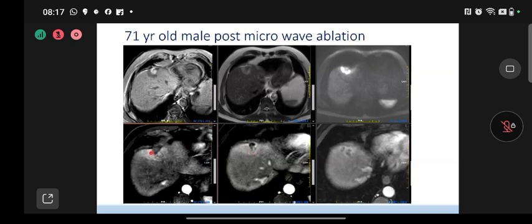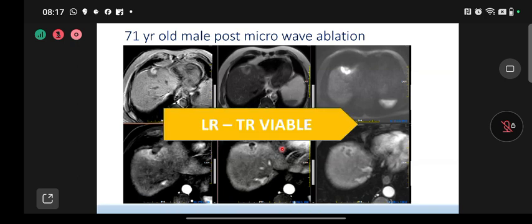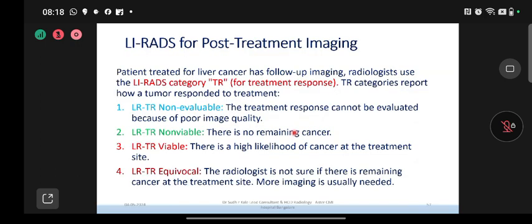There is an enhancement in the posterior part of the lesion. So you know that this has been partly treated, and there could be viable tissue here. So we are going to report this as LR-TR viable. Okay, so these are the various post-treatment LI-RADS terminologies.